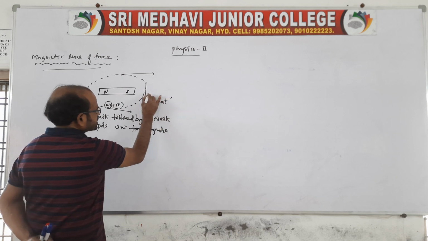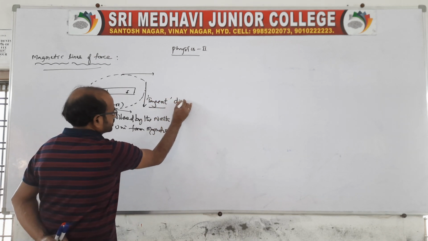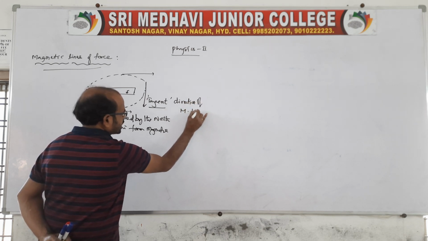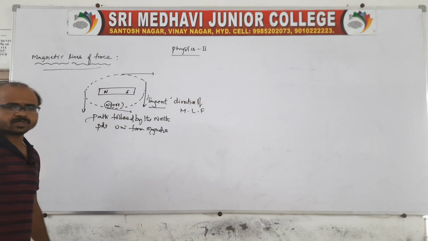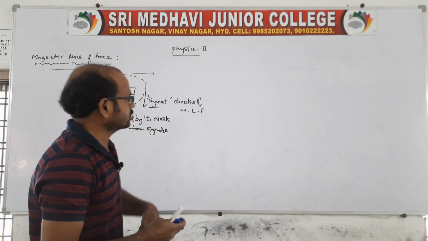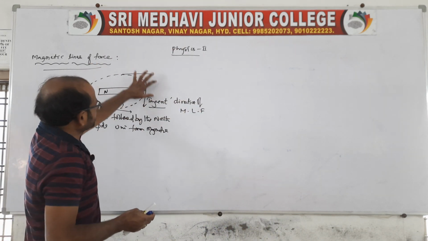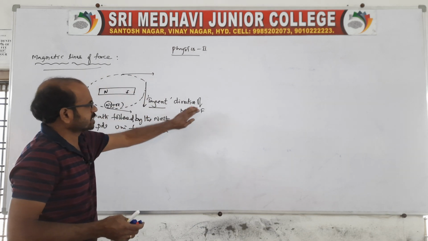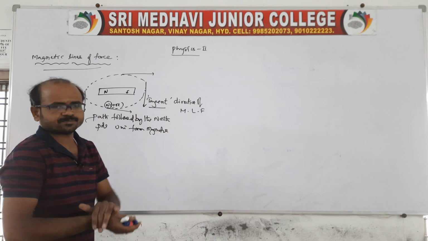That tangent represents the direction of the magnetic line of force. So remember, in a given field, if a tangent is drawn anywhere, that tangent represents the direction of the magnetic lines of force.